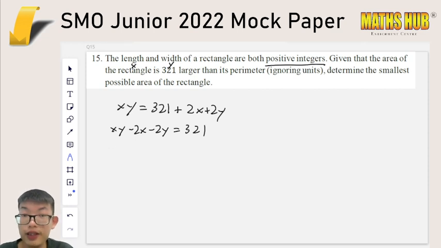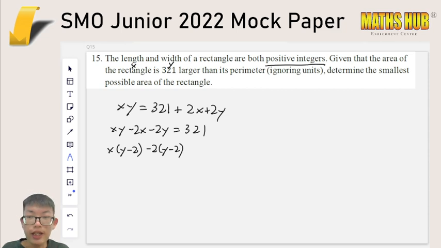Now, how we complete the factorization is pretty direct. I look at the first two terms and I try to factor out the common factor, which is x. And then I insist that I want to factor out y minus 2 from this back so that the whole thing shares the same factorization.